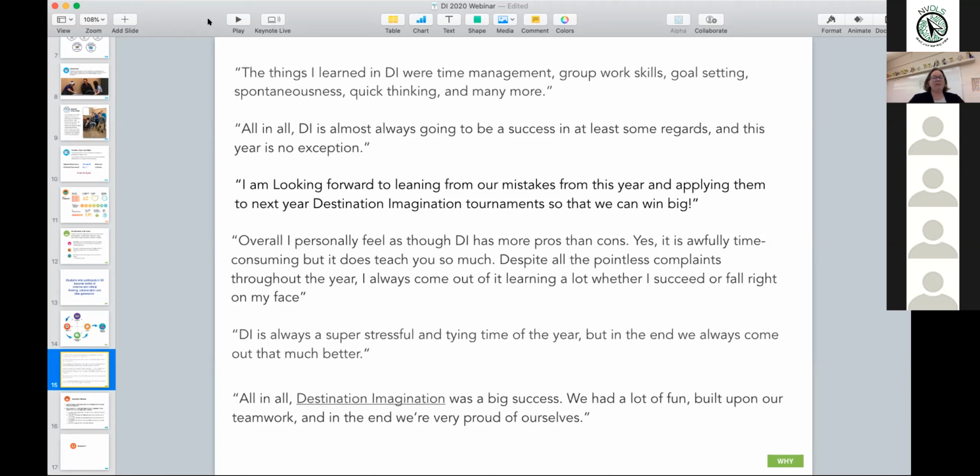But they come out the other side and they do tell us over and over again how much they realize it was a big success, how much fun they had, how proud they are of the work they did. And how much they learned about time management and group work and goal setting and all those things and more.